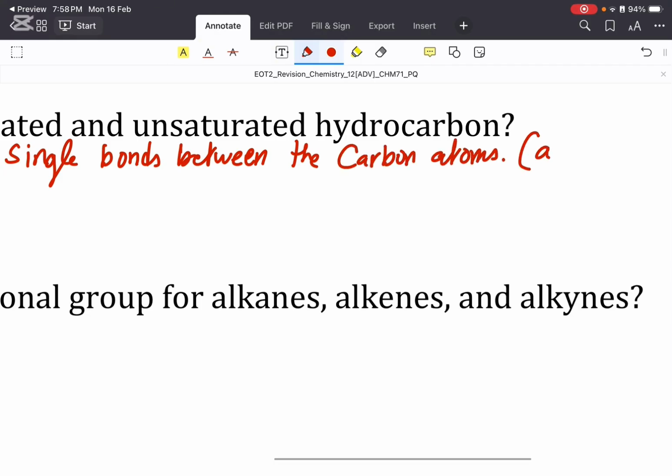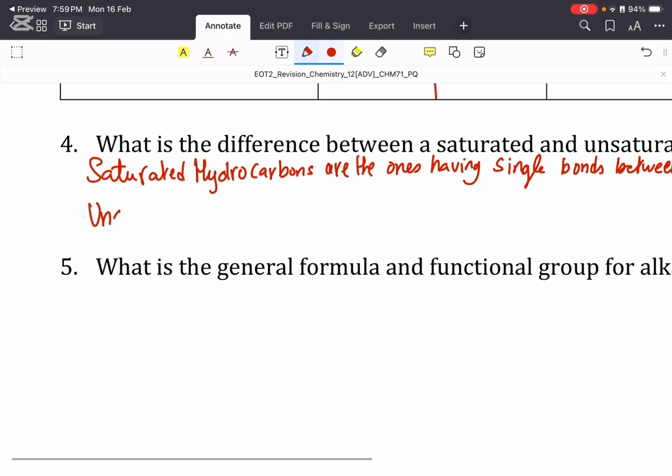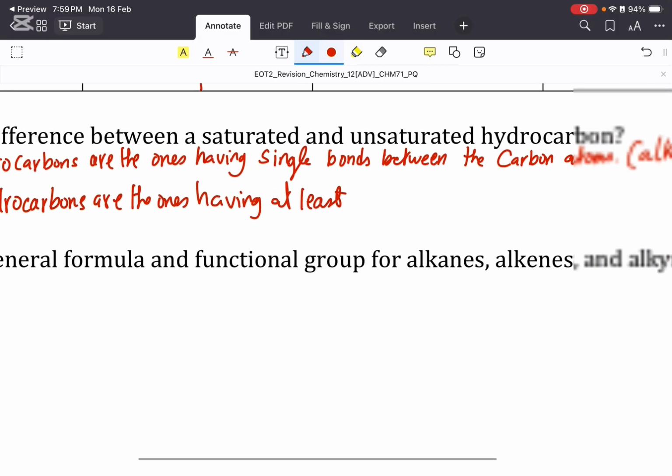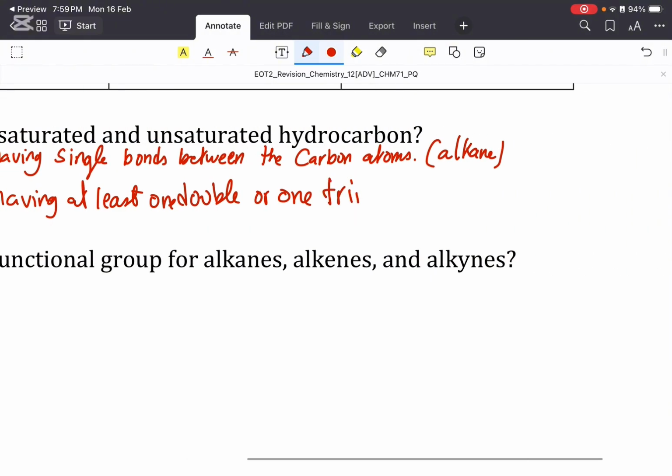So in general, they are the alkanes, whereas unsaturated hydrocarbons are the ones having at least one double bond or one triple bond between carbon atoms.